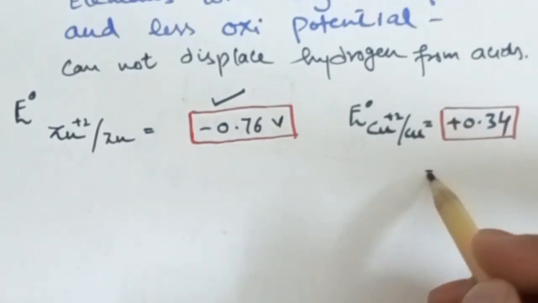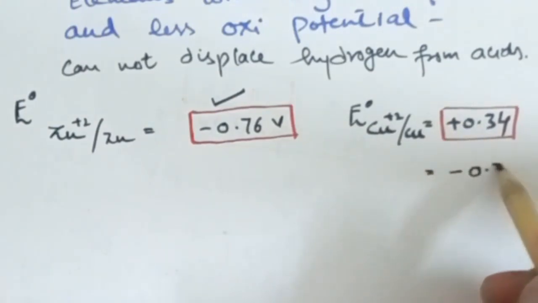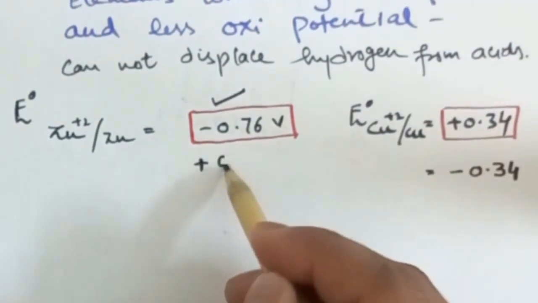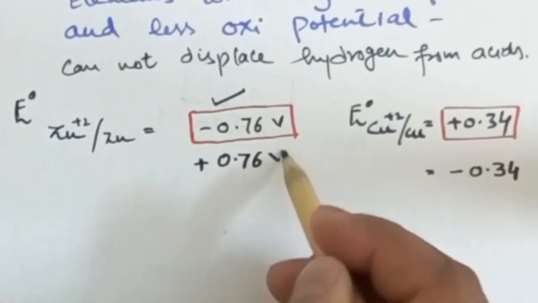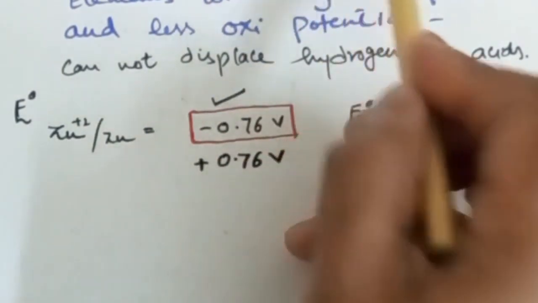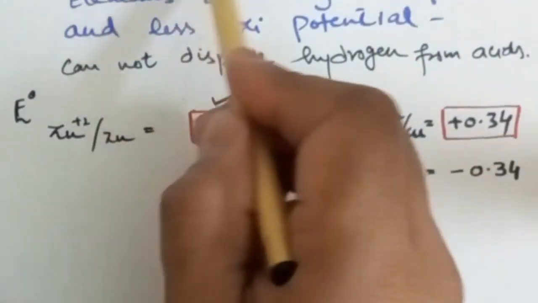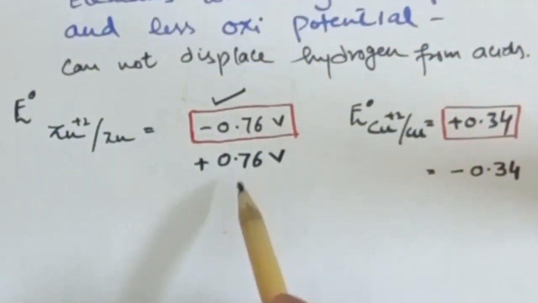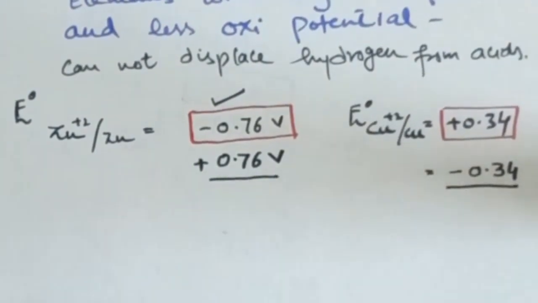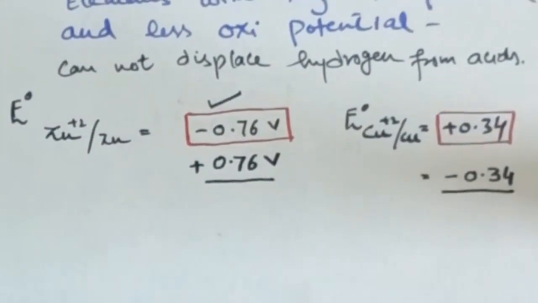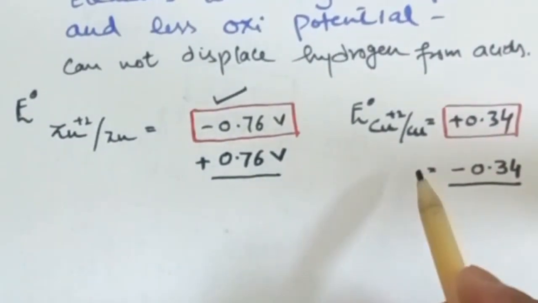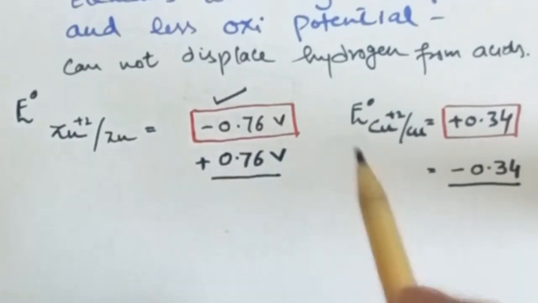If I write down the oxidation potential, it will be minus 0.34, and in case of zinc the oxidation potential is 0.76 volt. As discussed, with low reduction potential and higher oxidation potential, the oxidation potential of zinc is higher and that of copper is less. So zinc can displace hydrogen from acids while copper cannot.